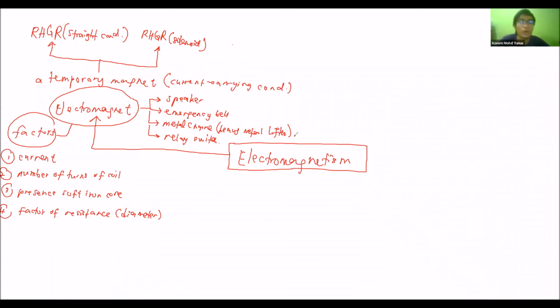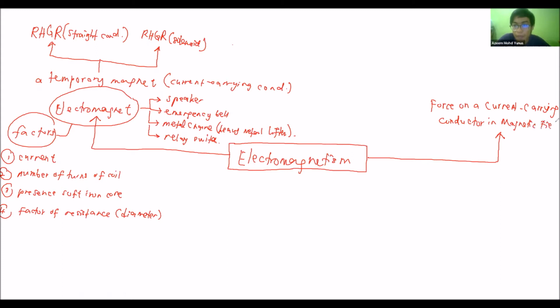Now we move on to the next one. Force on a current carrying conductor in a magnetic field.